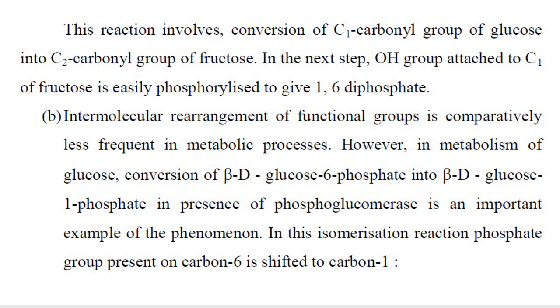However, in metabolism of glucose, conversion of beta-D-glucose 6-phosphate into beta-D-glucose 1-phosphate in presence of phosphoglucomutase is an important example. In this isomerization reaction, the phosphate group present on carbon 6 is shifted to carbon 1. That is a very important point here.